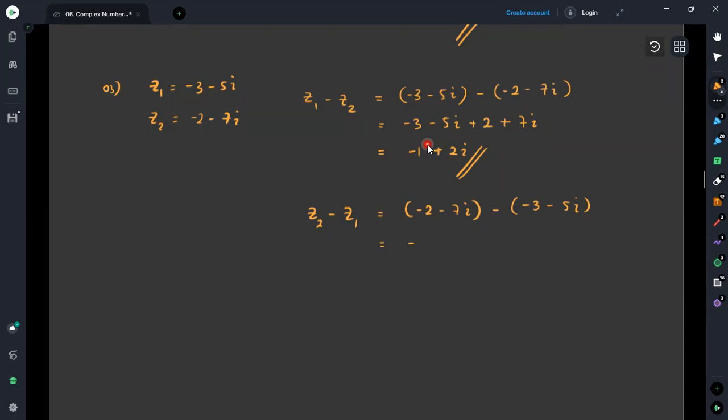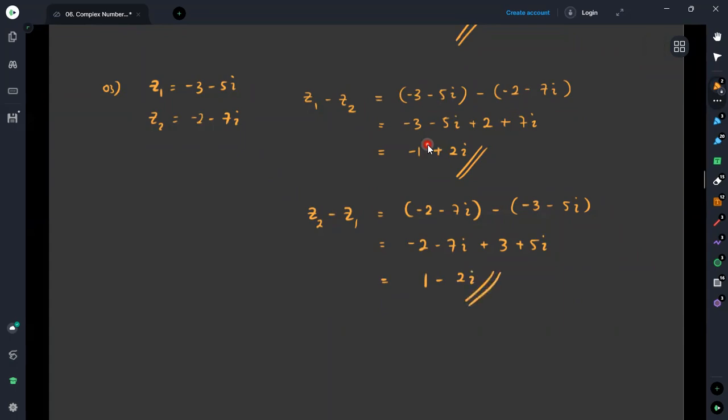Then we'll get minus 2 minus 7i, then minus into minus becomes plus 3, then minus into minus again becomes plus 5i. Altogether we get minus 2 plus 3, which is plus 1, then minus 7i plus 5i, which gives minus 2i.